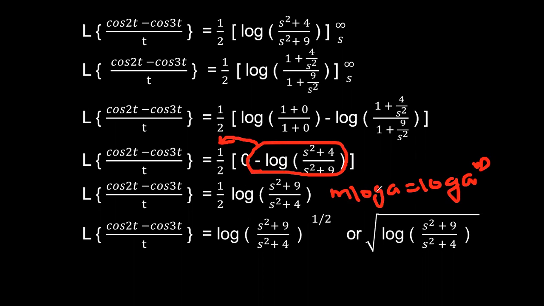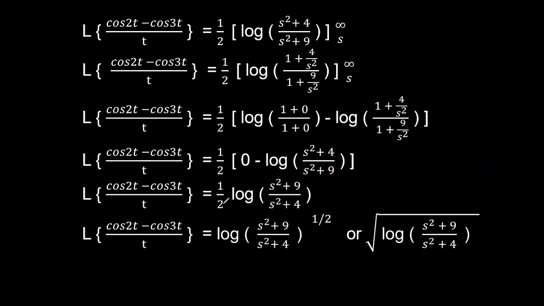Here the m value is nothing but 1 by 2. So 1 by 2 into log of this entire function will be shifted to the power: log a power m, whole power 1 by 2. This equation is also represented as the square root of log of s square plus 9 by s square plus 4.